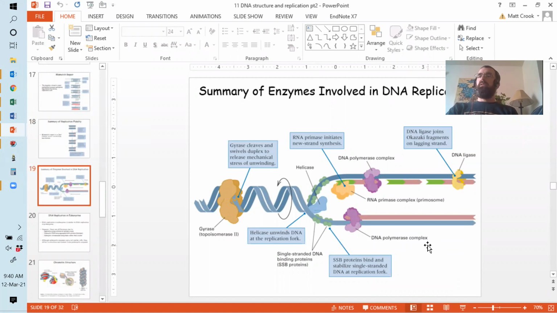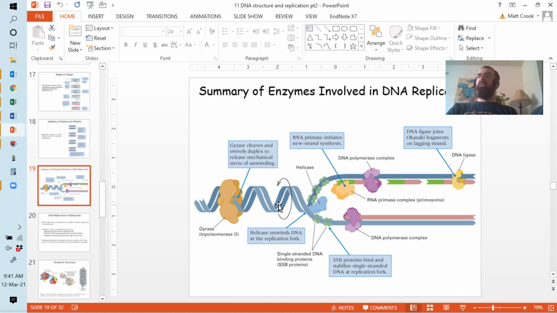Okay, so just to summarize, we open the helix, right, with the initiator proteins. We hold the helix open with single-stranded binding proteins.